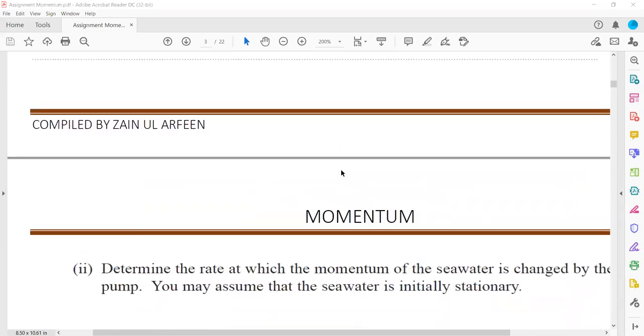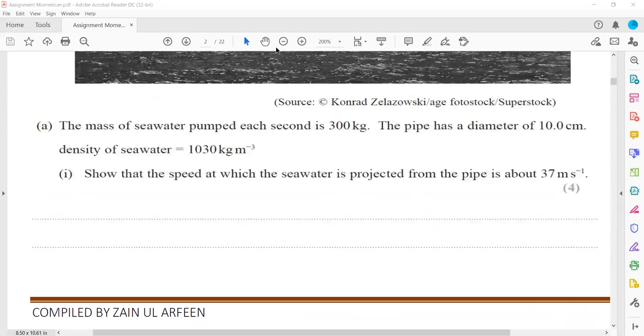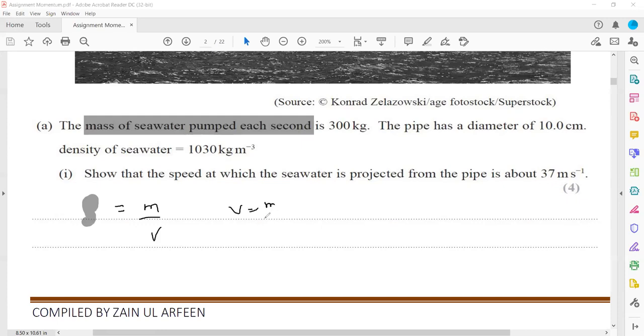Yeah, we need the time, that's right. But if you check in the question, the time is 1 second, because this is a mass per second. So when we use the formula, density is mass over volume, and we get the volume, which is mass divided by density.